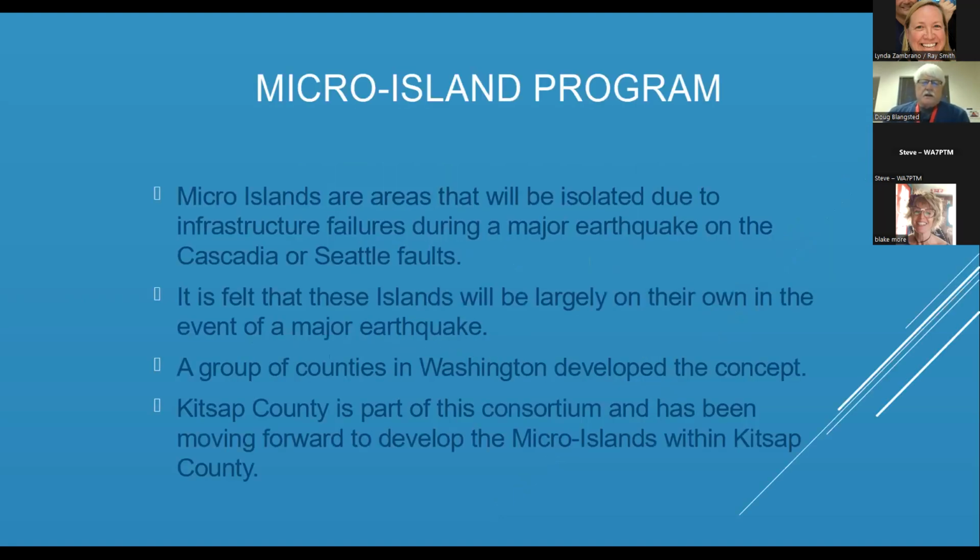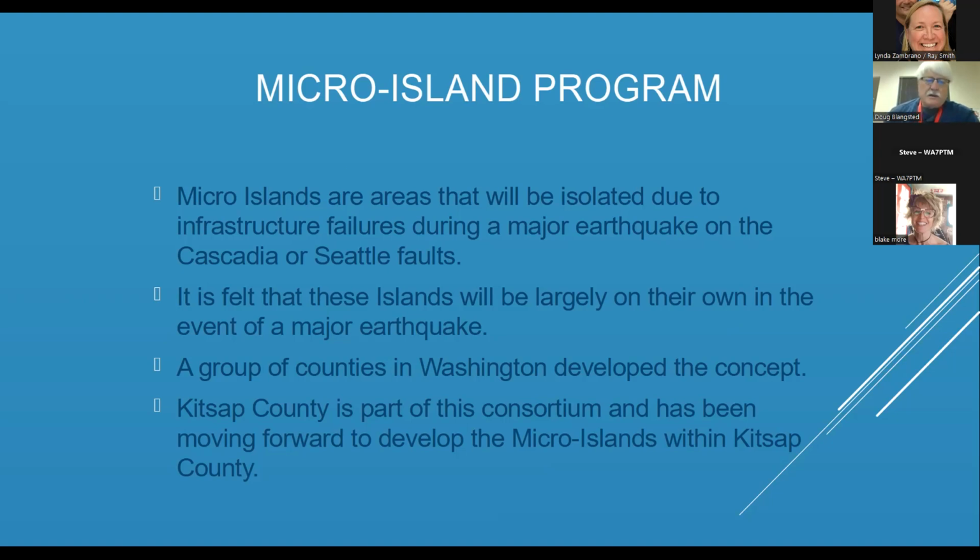So basically, micro islands are areas that will be isolated due to infrastructure failures if we have a major earthquake like Cascadia or Seattle Fault. They had some experts go out and determine what kind of infrastructure would be affected and where, and that led to these what we call micro islands.